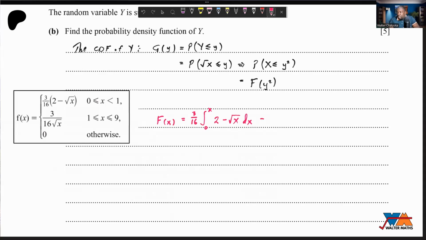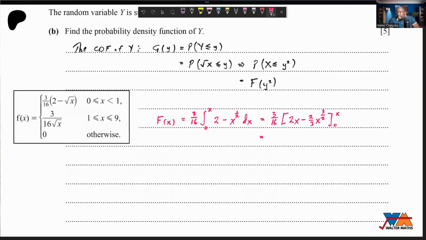So for the square root of x, I'm going to put x to the power of a half. And that's going to give us 3 over 16 of integrating 2, we get 2x, minus integrating x to the power of a half, that's 2/3 of x to the power of 3 over 2, from 0 up to x.